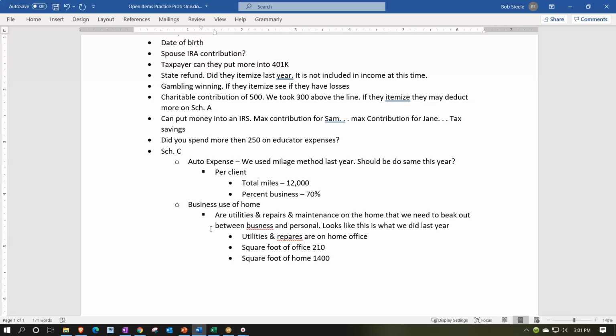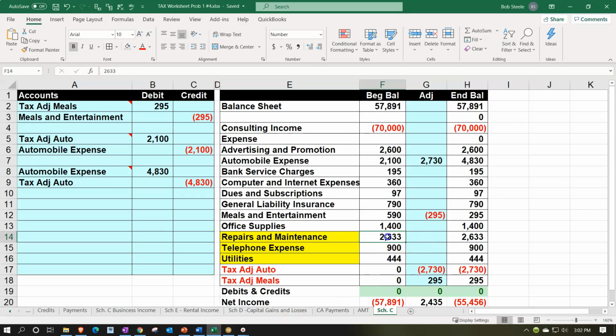Or did you just include what you would think the business portion is? So we're going to assume that these items are actually the total bills that were paid for repairs and maintenance on the home in general, and that the utilities were for the home in general entirely, and now we're going to be breaking them out between business and personal.